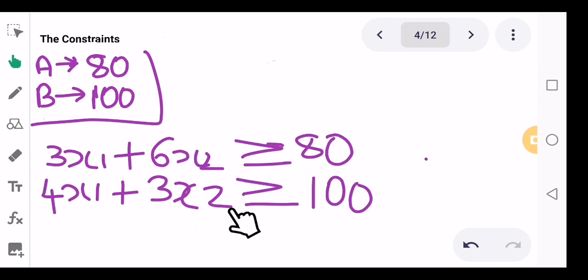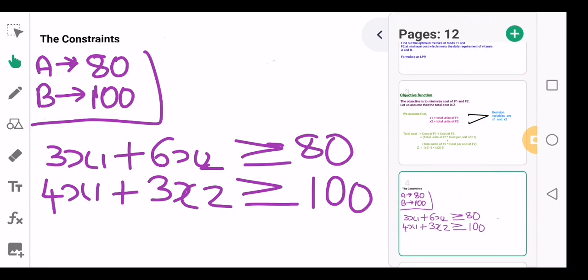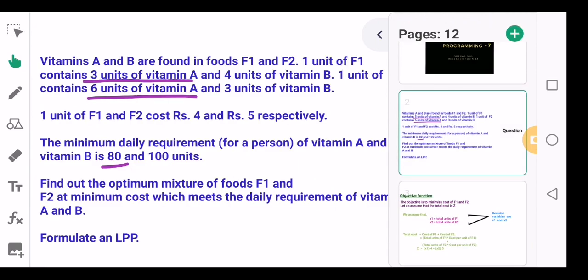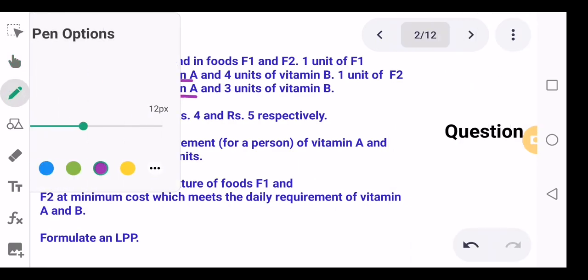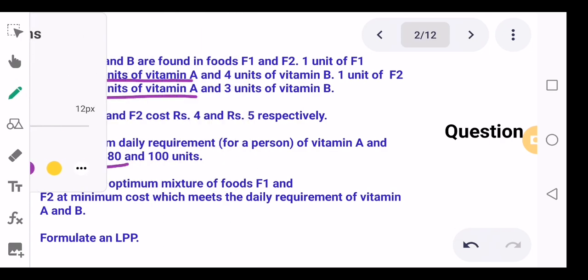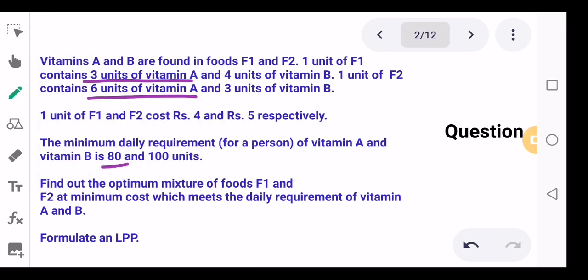Now similarly, there is a vitamin B constraint. Here they have told that there are 4 units of vitamin B in food 1, and there are 3 units of vitamin B in food 2, and they have told minimum 100 units.